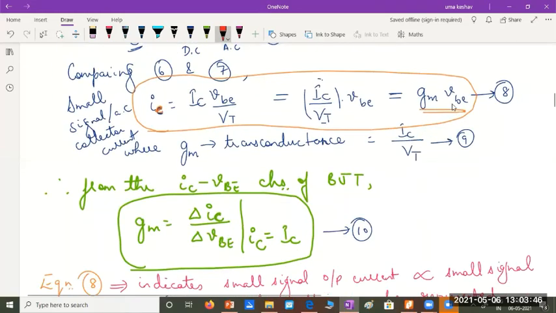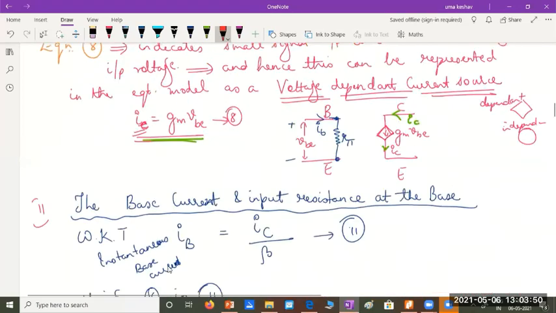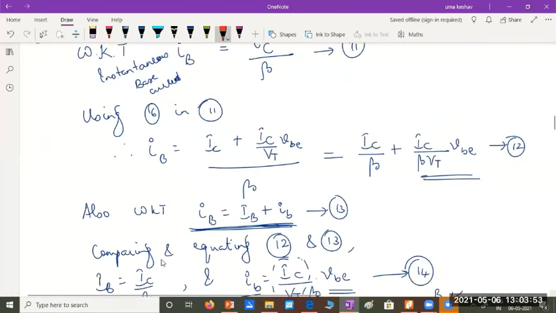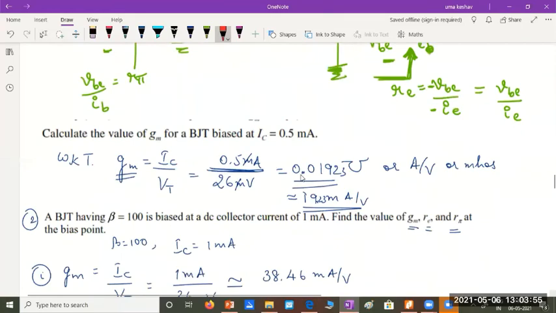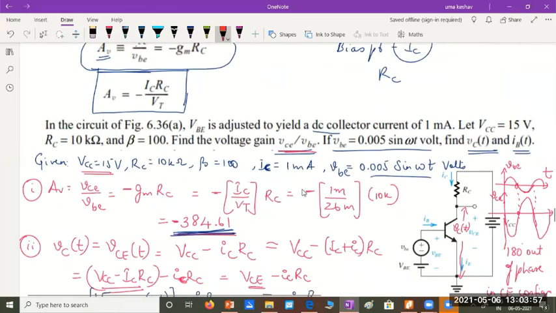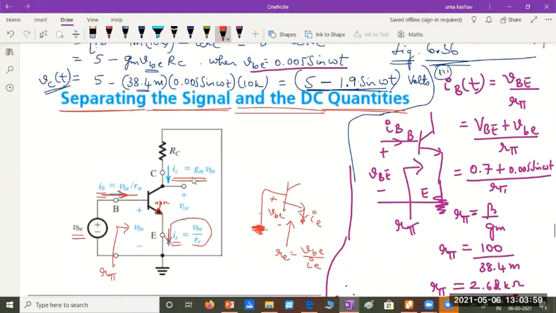We had written this, equation 8, small IC is GM into VBE, that we are representing in this circuit. So now I have a purely AC signal in this transistor amplifier circuit, where all the signals are purely AC signals.